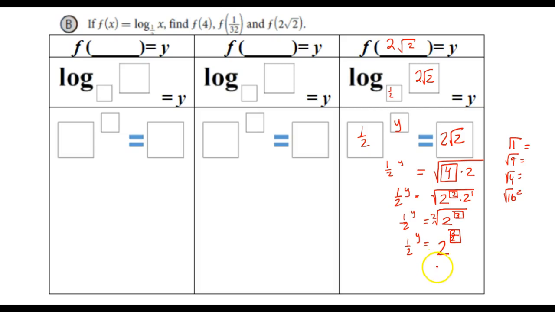So let's see if we can write 2 to the 3/2 power as a base of 1/2. So 1/2 to what power do you think would get us 2 rad 2, or 2 to the 3/2 power?